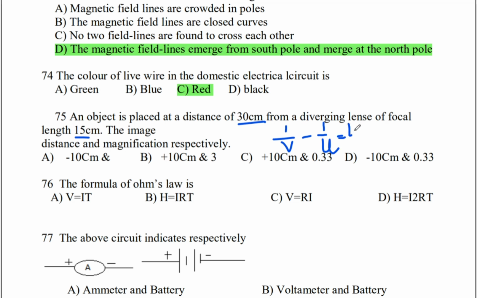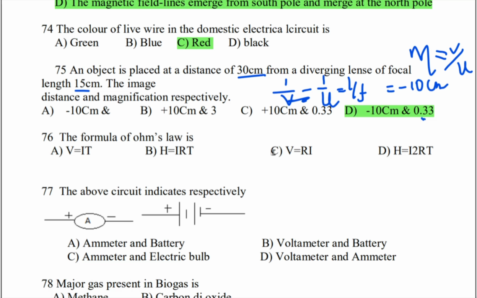I'm sure that this kind of lengthy questions will not be asked. So, by using lens formula 1 by v minus 1 by u equals 1 by f, and solving this we get v as minus 10 and the magnification is v by u, image distance by object distance, we get 0.33. Therefore, the correct answer is option D.